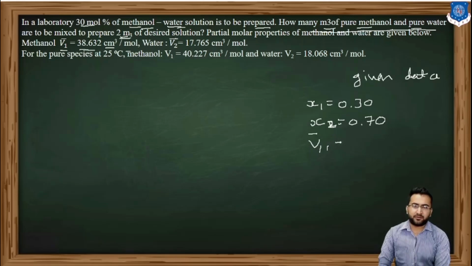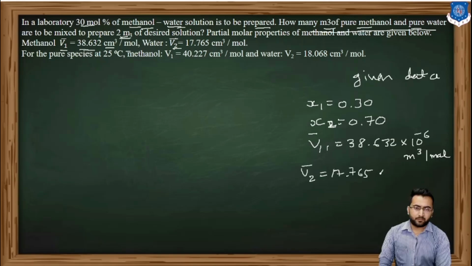So V1 bar becomes 38.632 multiplied by 10 raised to minus 6 meter cube per mole. Similarly, V2 bar is 70.765 multiplied by 10 raised to minus 6 meter cube per mole.